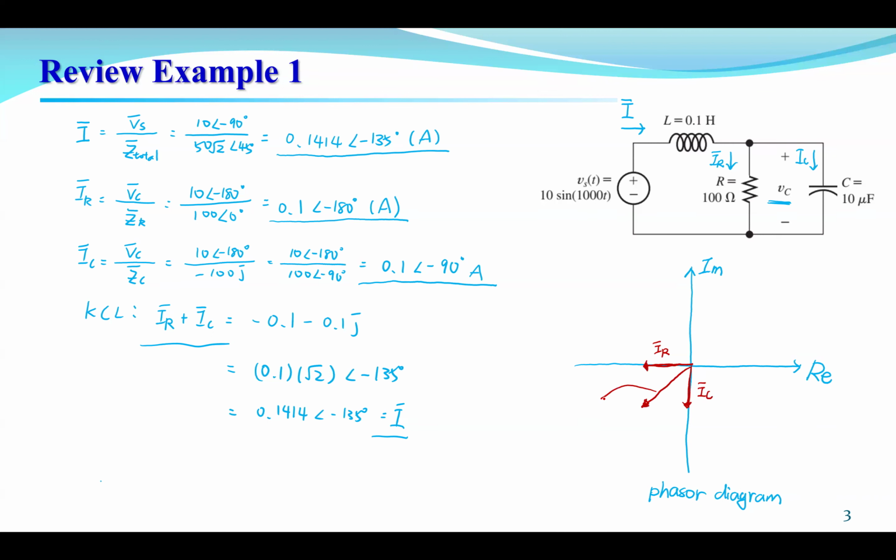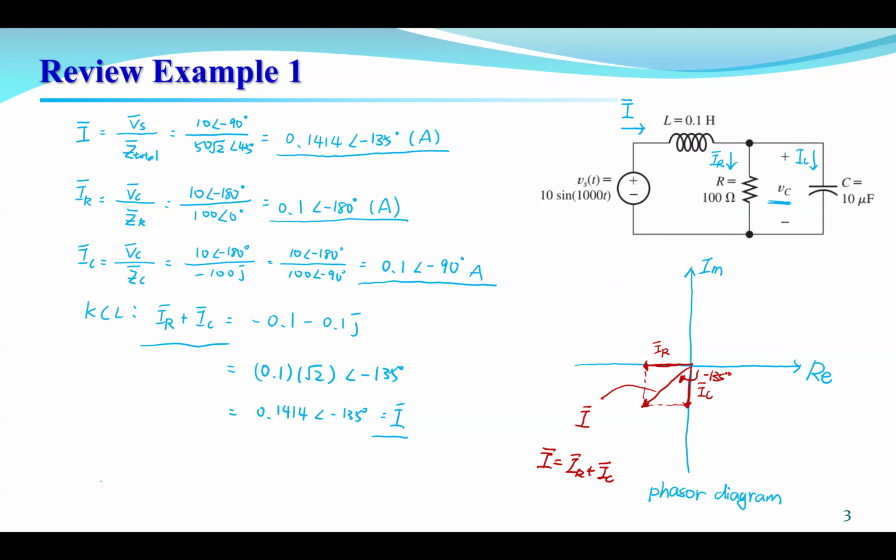So this is our I. From this phasor diagram, we can still conclude that I equals IR plus IC. The angle is minus 135 degrees.